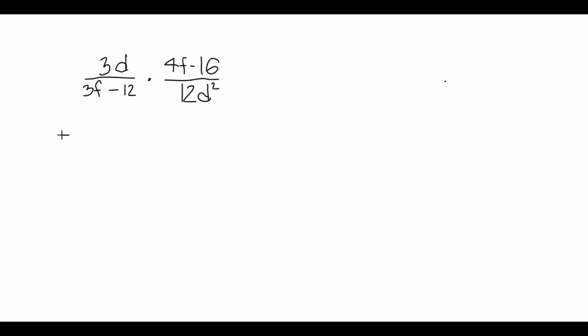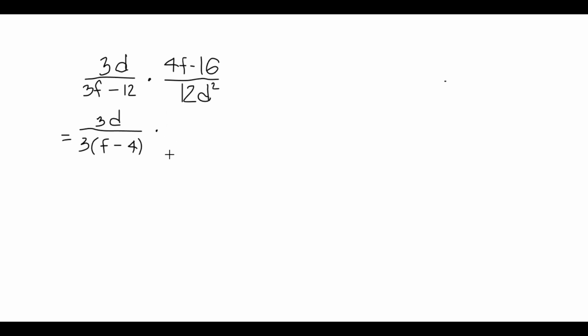First, we copy the numerator 3d, then divided by 3f minus 12. The 3f minus 12 can be factored by taking out the 3. So 3f divided by 3 gets f, minus 12 divided by 3 gets 4.